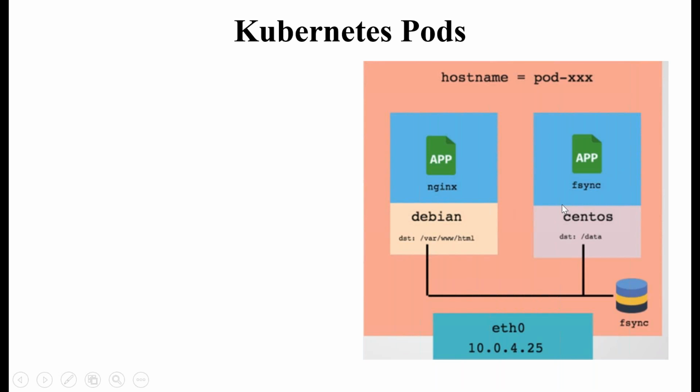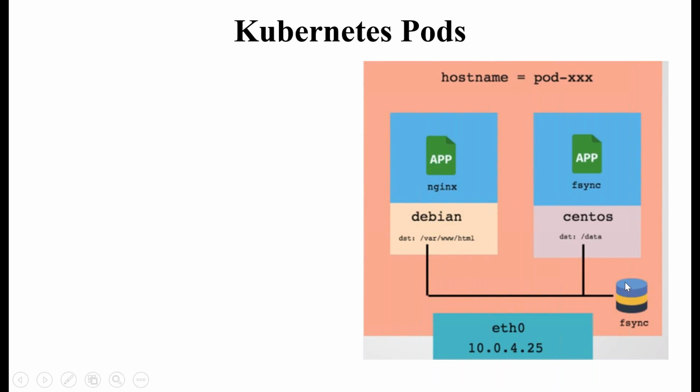So there are two containers and one volume which is defined. As we are trying to understand, a pod can have two or more containers with volumes, on the basis of the requirement of the application. So here in this example, the pod contains two containers with one volume.